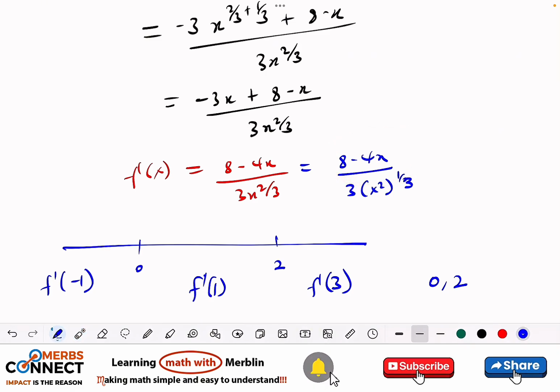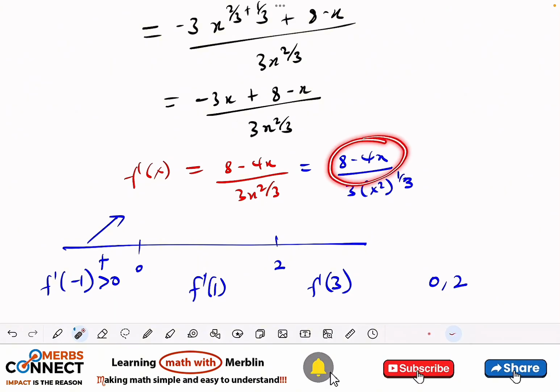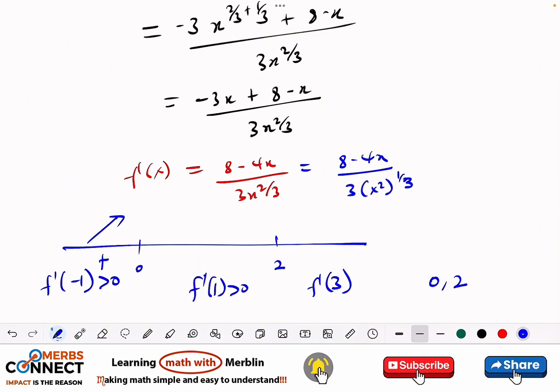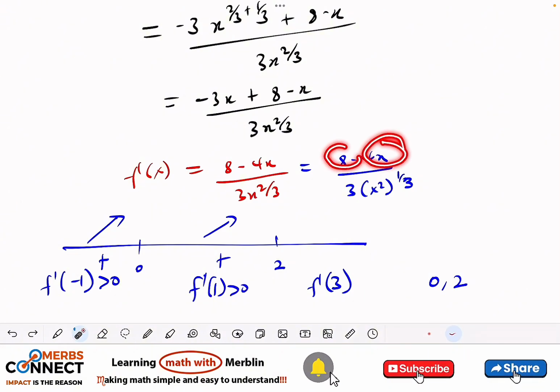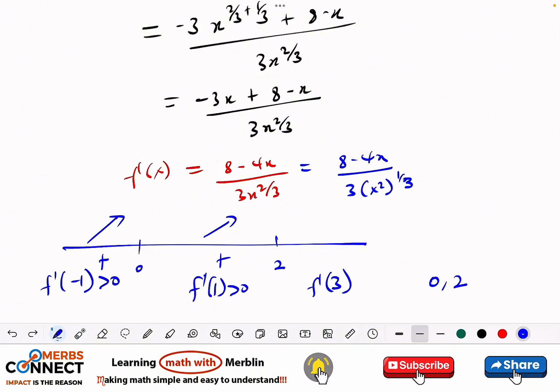So this one will be greater than 0, which is positive, meaning that it's going to increase. Plug in 1 and it is also going to be positive, meaning that this one too is increasing. Plug in 3, this will be 12, and 8 minus 12 is negative, so this is going to be decreasing because this is less than 0.